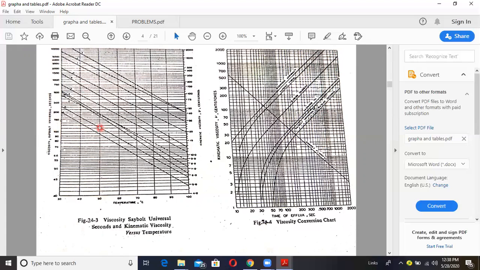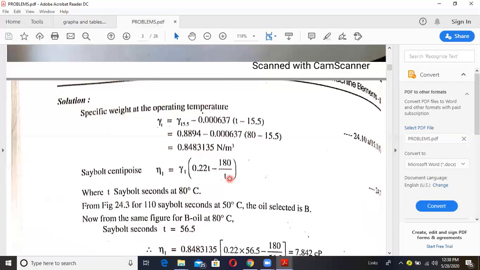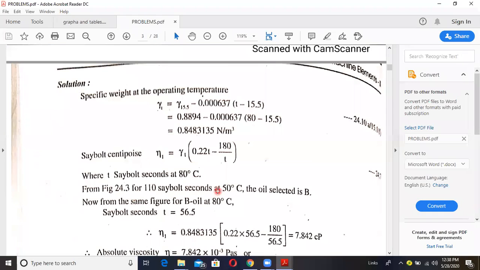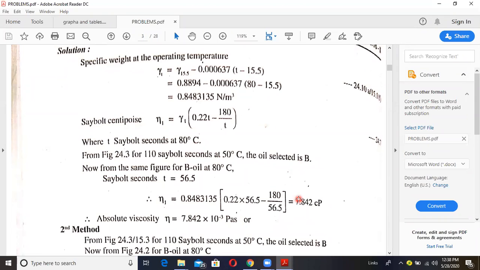Now here we got the intersection point. For this intersection point, note down which curve we have. That is nothing but the B curve, right? So that is how they find it. For 110 Saybolt seconds at 50 degrees, the oil selected is B. Now we got the type of the oil, B.